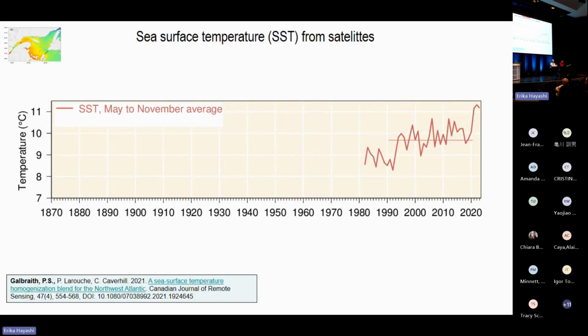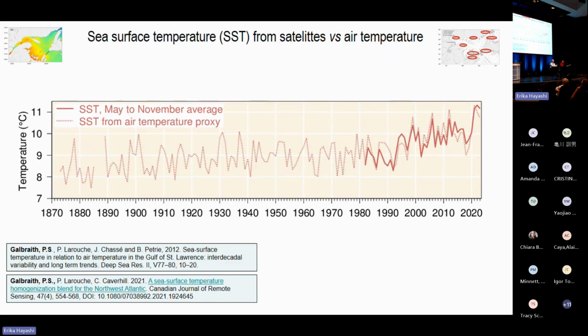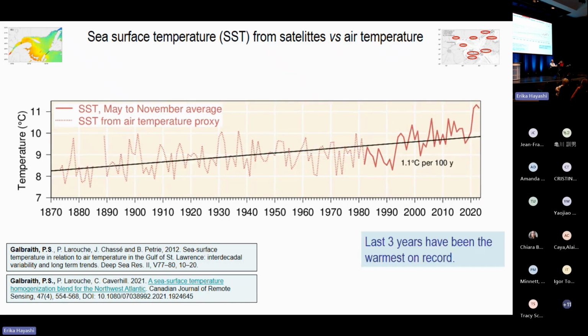And this shown here is the May to November average of the satellite record for the Gulf St. Lawrence. And we can see the last 3 years are really high. And we overlay that with the interannual air temperature, and we recover 72% of the variance, meaning that we can use air temperature as a proxy for the Gulf St. Lawrence SST and go back 150 years and get a warming trend and so forth.